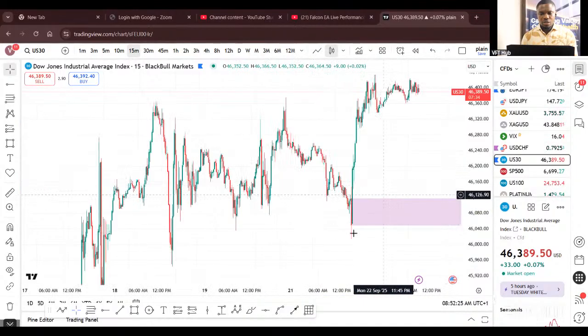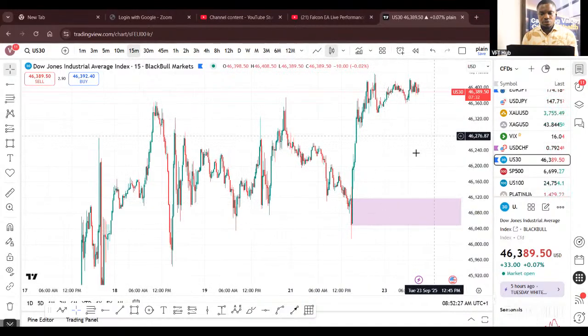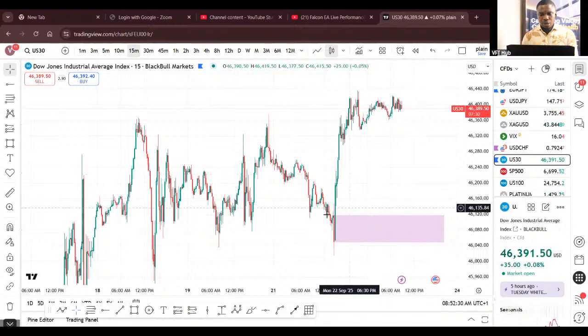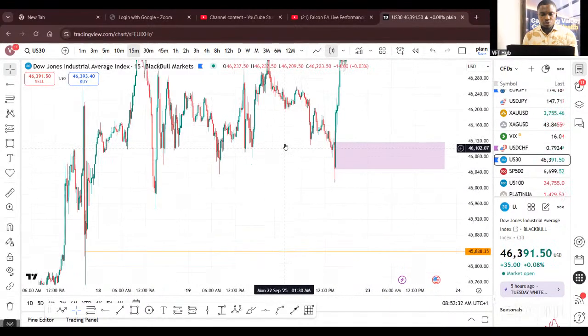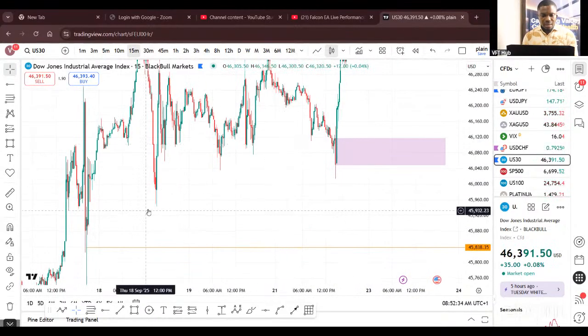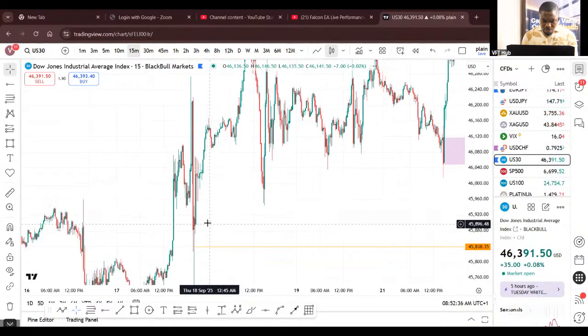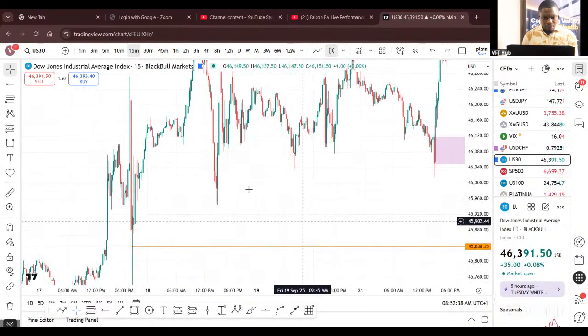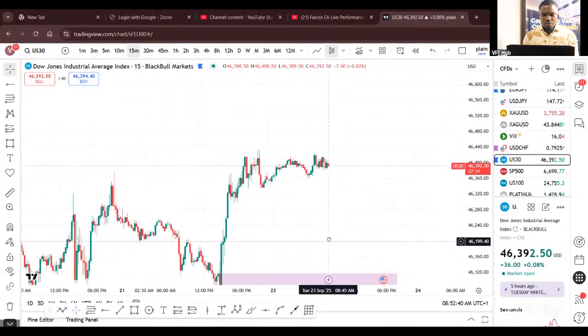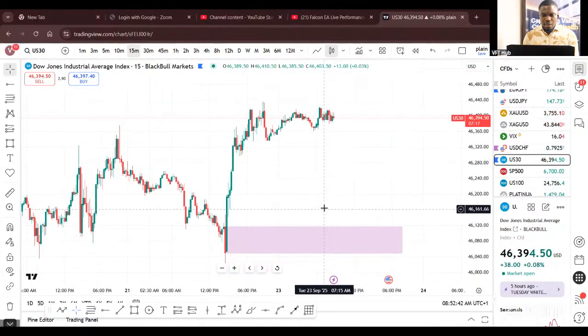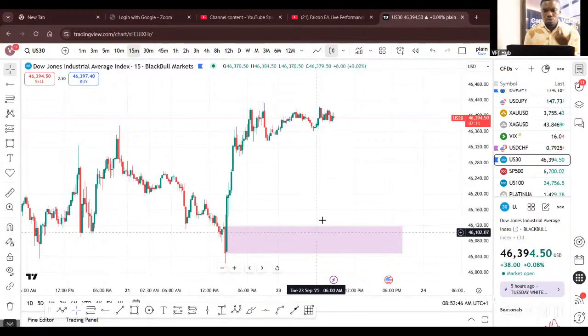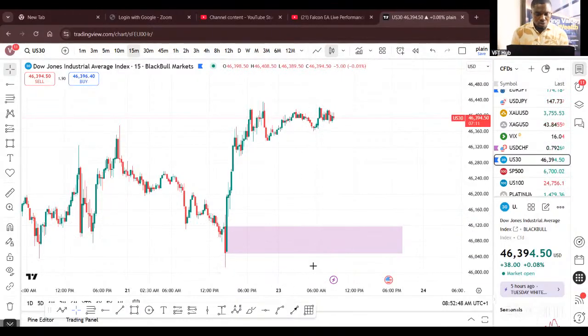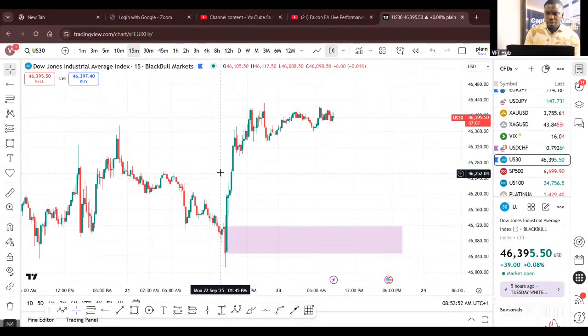The price comes here, bounces off to the upside, but then I'll be looking for a 1-minute break of structure, because with that, I don't expect price to take me out easily, right? And once we have that, I can enter with a tight stop loss and massive risk to reward. So that'll be all on US30 this morning that I'm looking at.